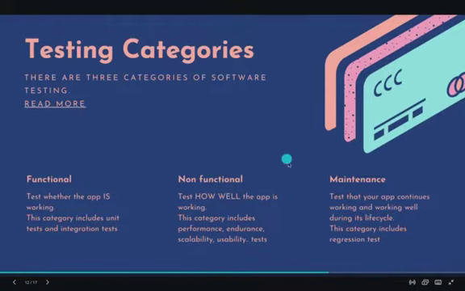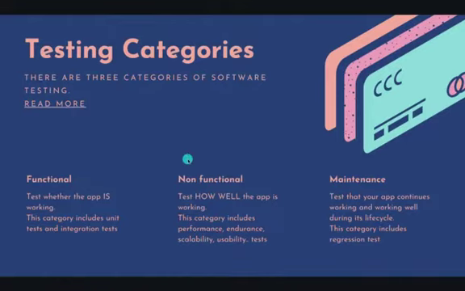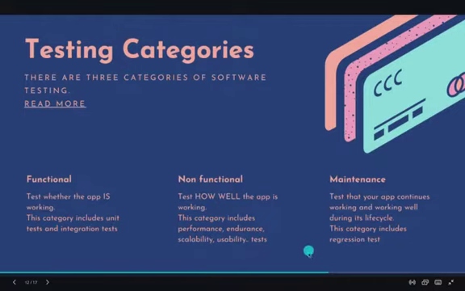On the other hand, we have the non-functional testing, which only cares about how well the application is working. This category includes performance testing, endurance testing, scalability, usability, and so on. So you know that your software is working, but you're interested in some other aspects of this software.